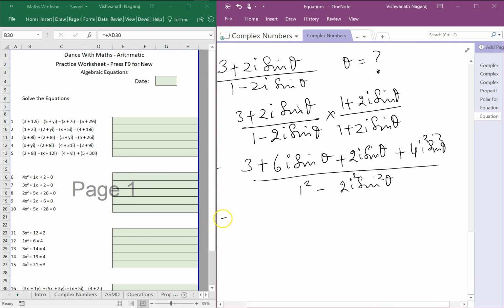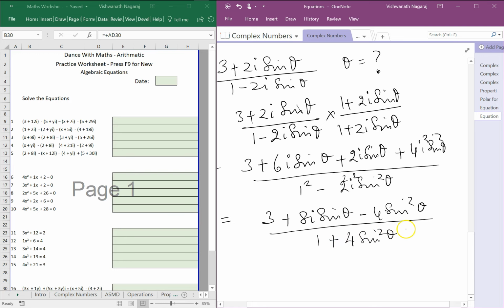Okay, so now this is equal to 3 plus 8i sine theta plus 4, now that i square can become minus, so minus 4 sine square theta, divided by 1 minus, this should have become 2 square also, so 4, that i square makes it plus sine square theta.